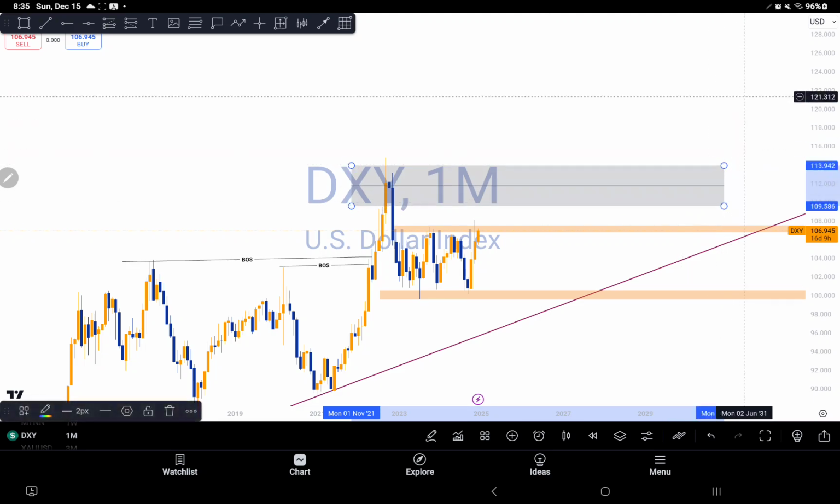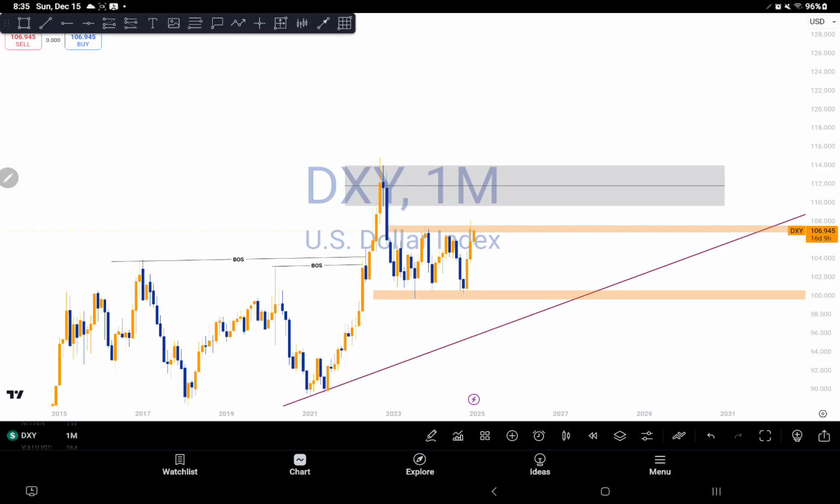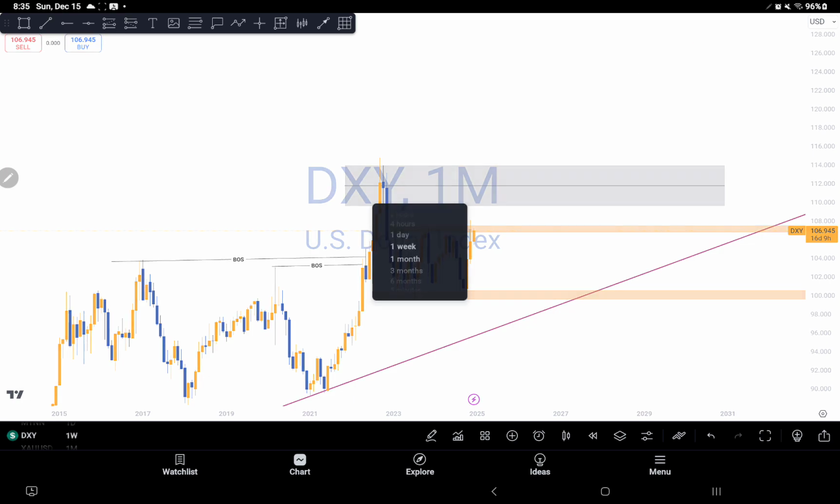So there is still that possibility. I think it might come up a little bit to touch this area before pushing to the downside, right? There's also an imbalance right here that needs to be mitigated as well.